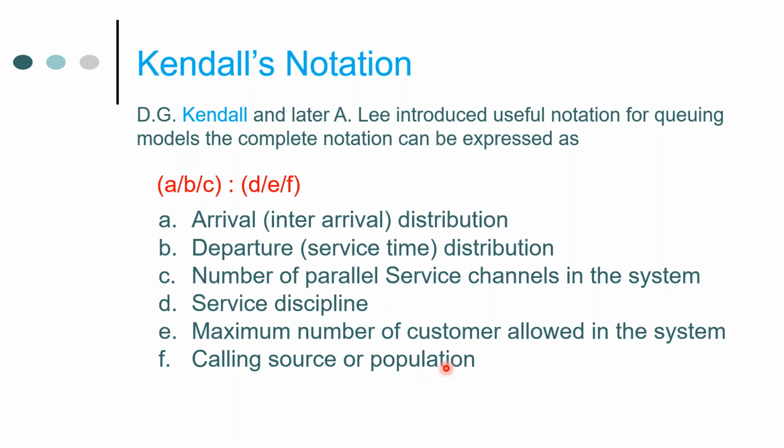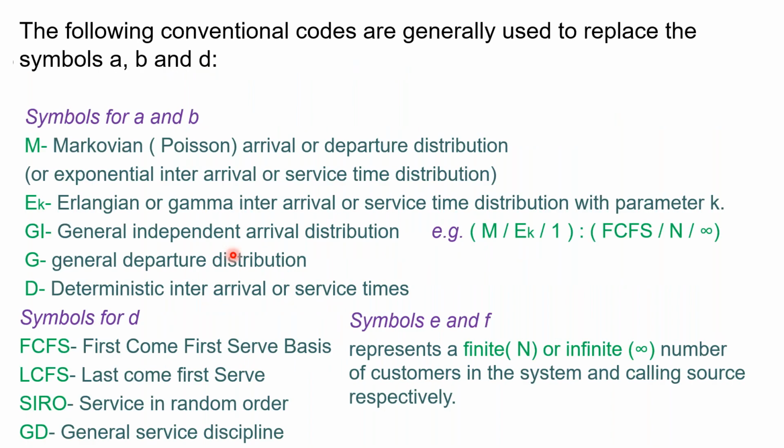Okay, so we'll see the various things that symbols represent. These symbols, following conventional codes, are generally used to replace the symbols A, B, and D. So for A we can see a symbol M. Now this symbol M will represent Markovian arrival, or simply the distribution of the arrival, that is your Poisson distribution.